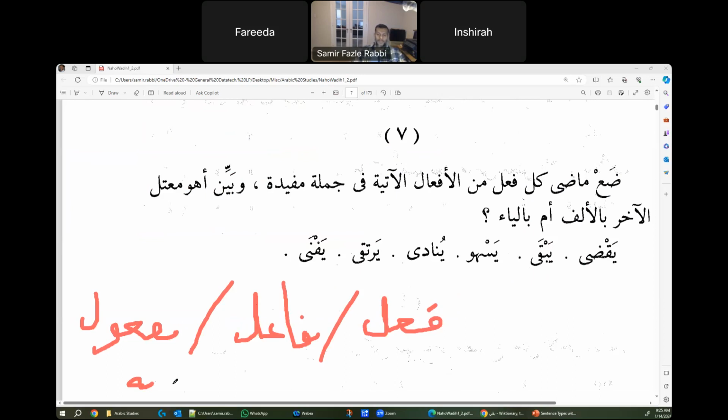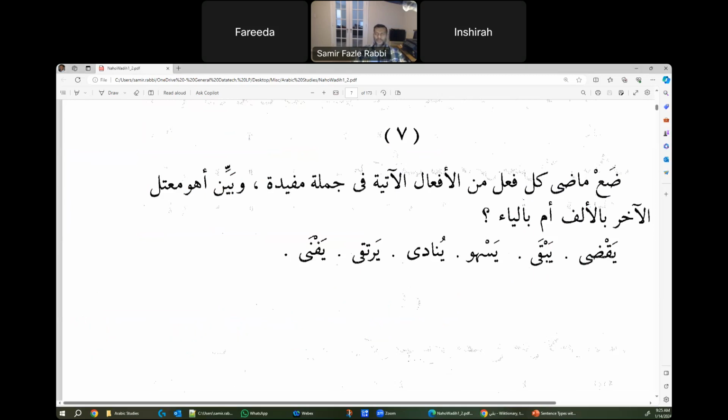It has to be he went, and then there has to be more to the sentence. I guess in certain situations you could do he went, but the sentence just requires an object, otherwise it doesn't make any sense. If it's part of a paragraph, I guess you can make sense, but the sentence has to make sense. That's what they meant by mufidatun, a beneficial sentence. It can't be just a couple words there, the grammar's there, and it doesn't mean anything. It has to be something where the words together express a complete idea, a very simple idea in what we're going to do.